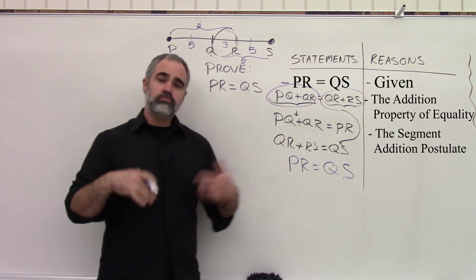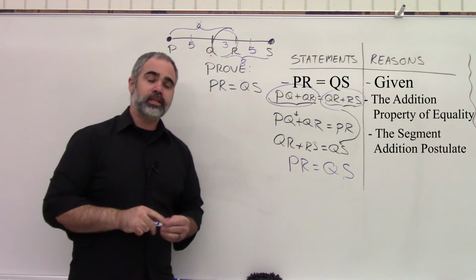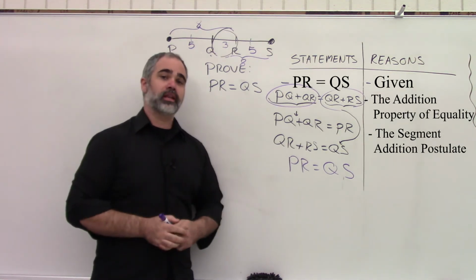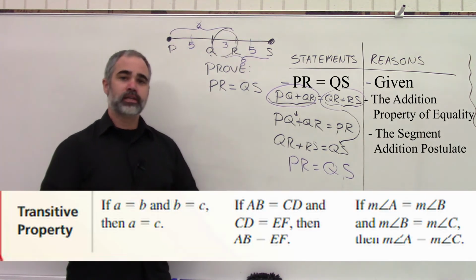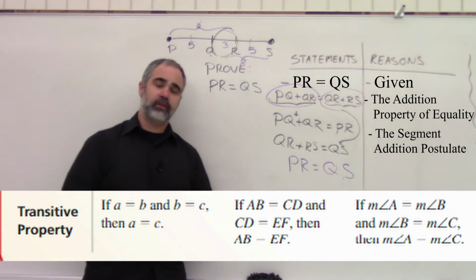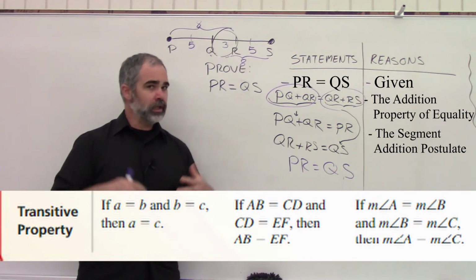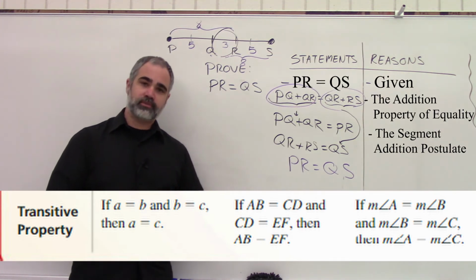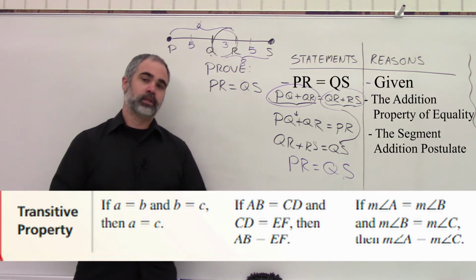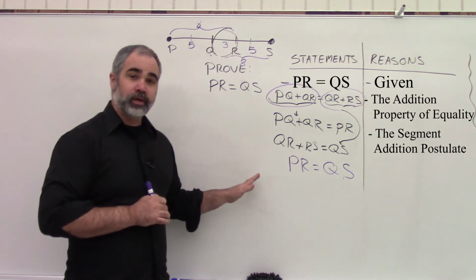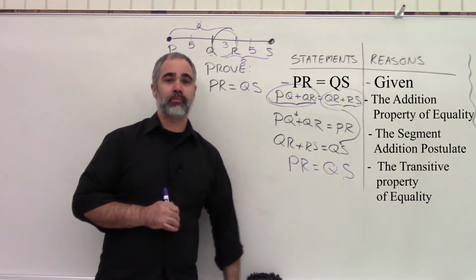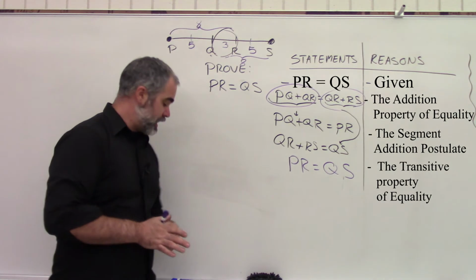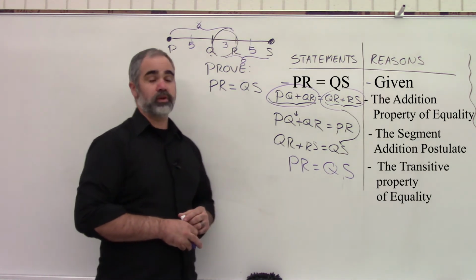If you want to do multiple substitutions at once, there's another property that allows us to do that. Here's a picture of it. It's called the transitive property of equality. And all the transitive property of equality says is that you can do multiple substitutions at once. So I'm going to put in the transitive property of equality right here. And as always, we want to finish our proof with QED.